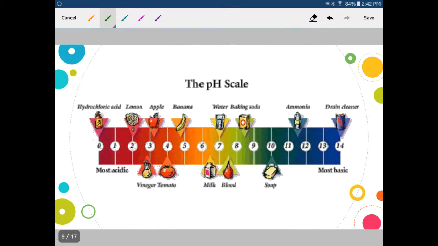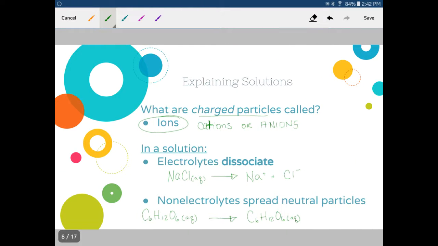Now, you might remember our pH scale. Oh, just one thing to go back, sorry, before I get too crazy here. Anytime that we have a solution where our solvent is water, say this term right here, NaCl(aq), this aq means it's dissolved in water.